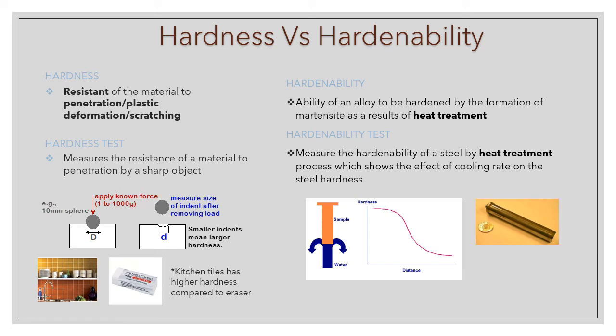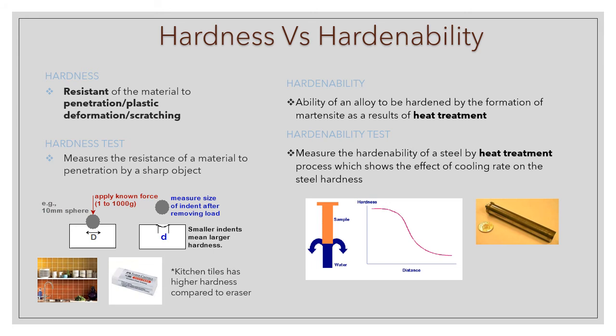And the hardness test is measuring the resistance of material to the penetration by a sharp object. So we apply a sharp object on top of the surface and we get the amount of hardness. But for hardenability, we conduct heat treatment on the sample, and it will show the effect of cooling rate on the steel hardness, which depends on the quenching medium and also the composition of the sample.